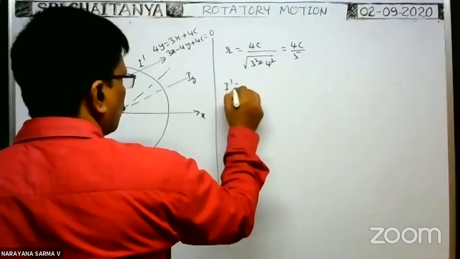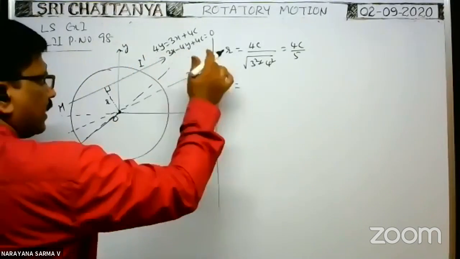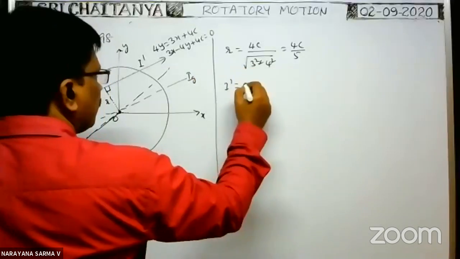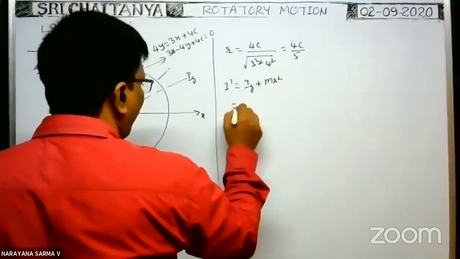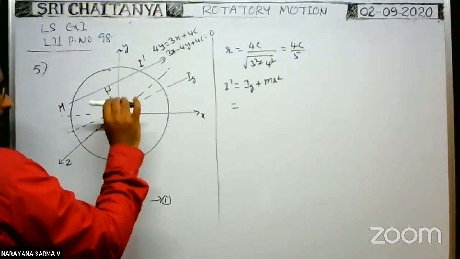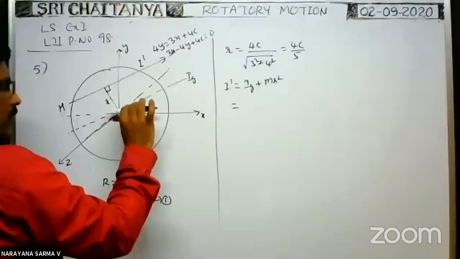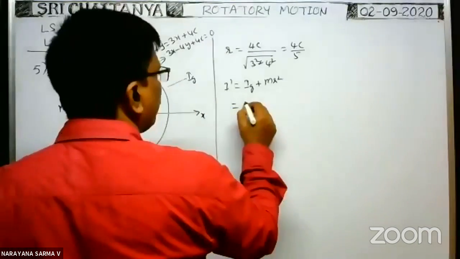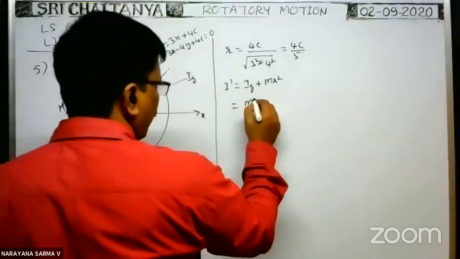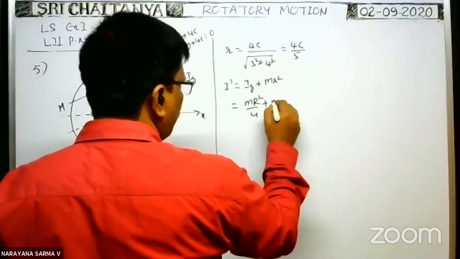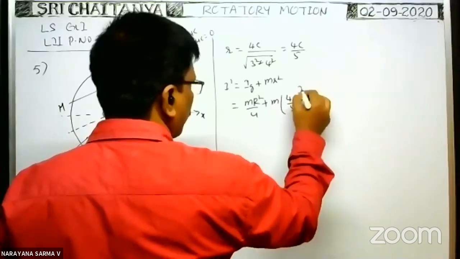So I dash, the moment of inertia of the disc about the straight line, is equal to Iz plus m r square according to the parallel axis theorem, where r is the perpendicular distance. Iz is the moment of inertia of this circular plate about a diametric axis parallel to this straight line passing through the center of mass, so Iz is equal to mR square by 4. That's why mR square by 4 plus m into 4c by 5 whole square.